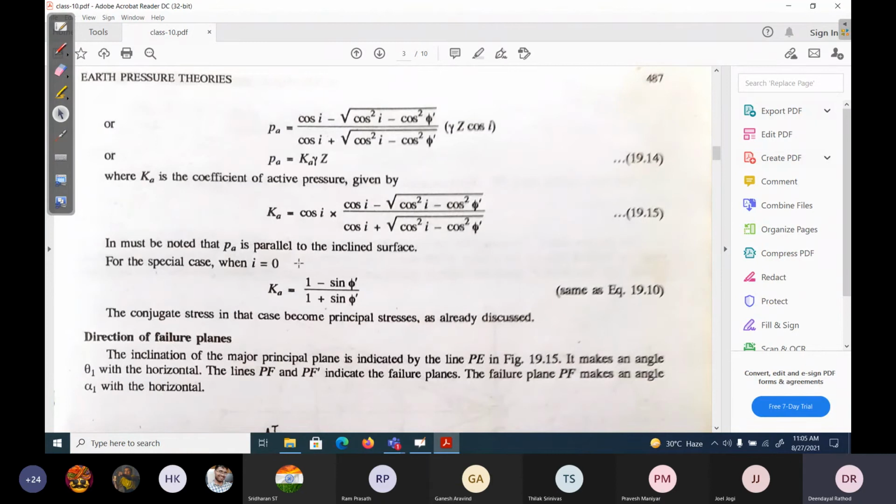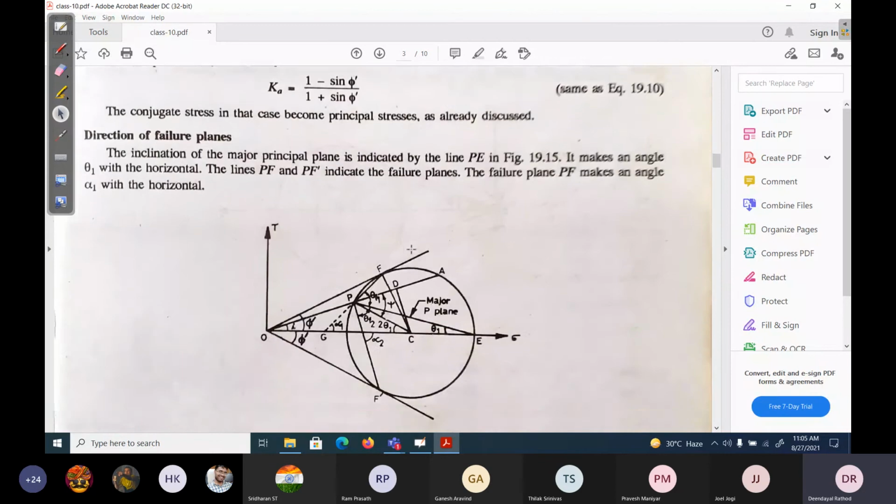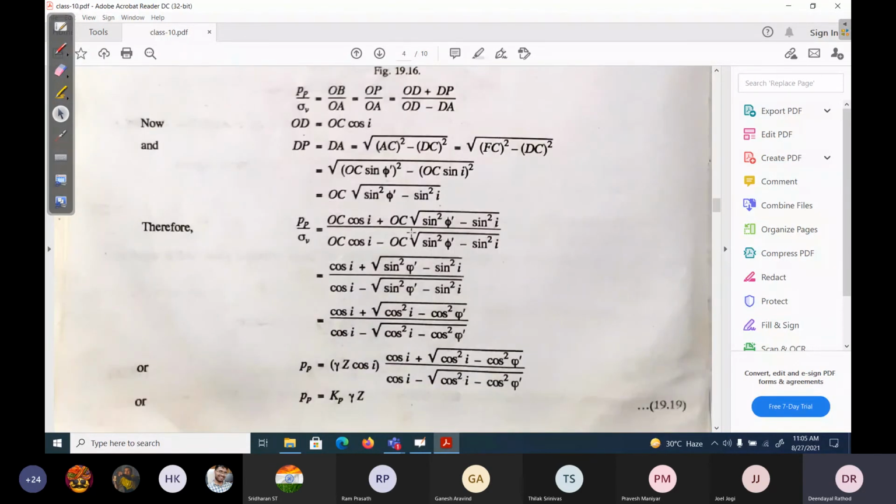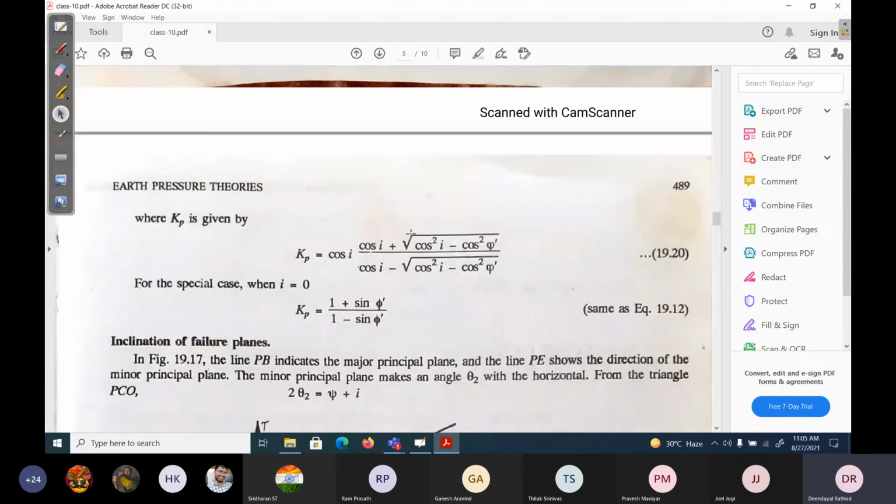When i becomes 0, it again goes back to (1 minus sin phi dash) by (1 plus sin phi dash). What is this i? i is the inclination of the surface. That's what is given. So go through it so that we can save time, because everything is similar, and the direction of the failure plane is also given. Then I will show you that when the wall is inclined he has also given something.